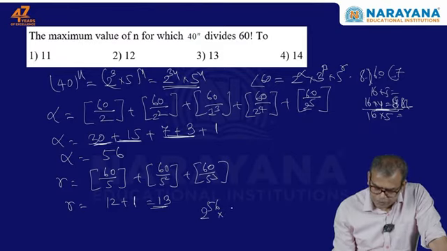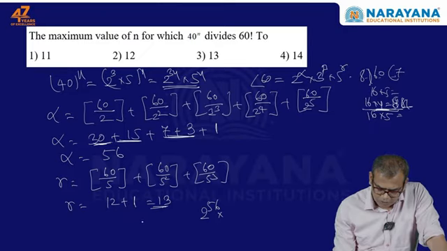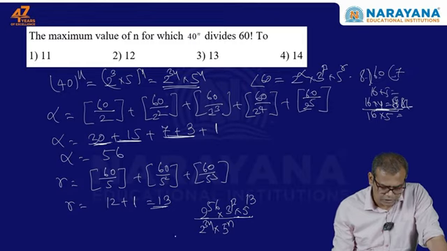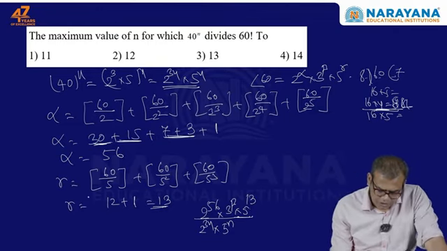3 to the power, we will divide. So factorial 60 is 2 to the power 56 into 3 to the power beta and 5 to the power 13, divided by 2 to the power 3n into 5 to the power n. So what will be the answer here? One minute, just check again.